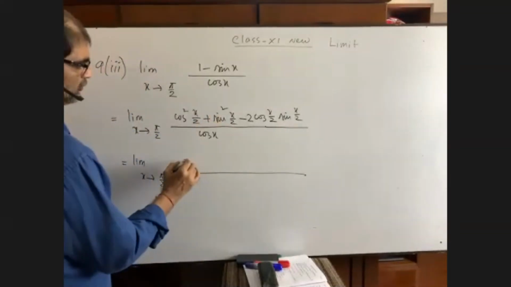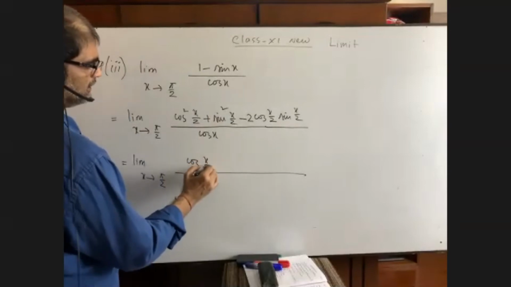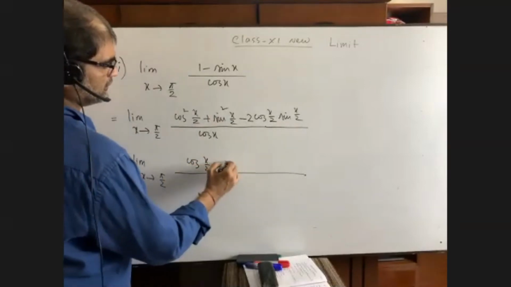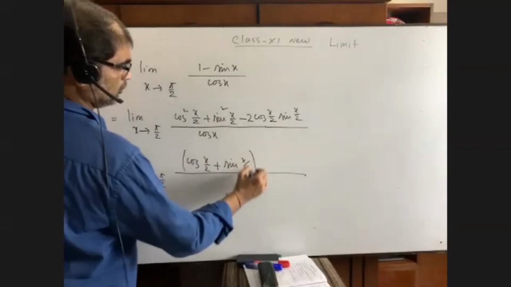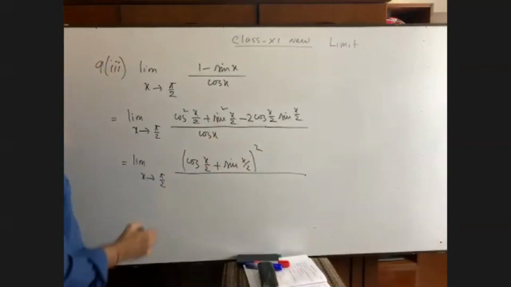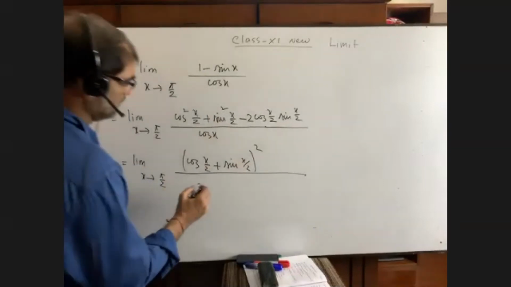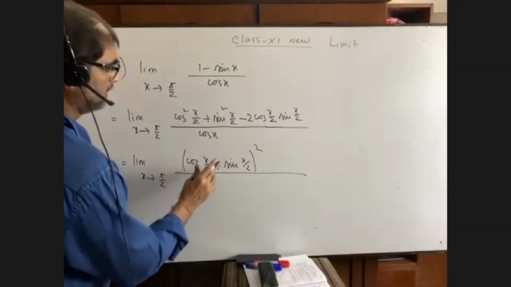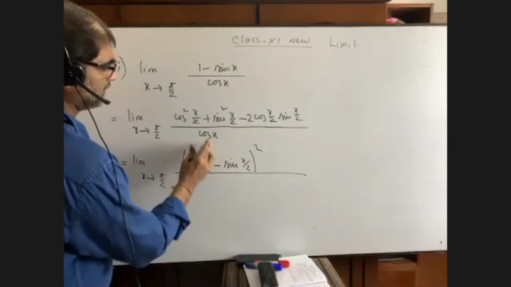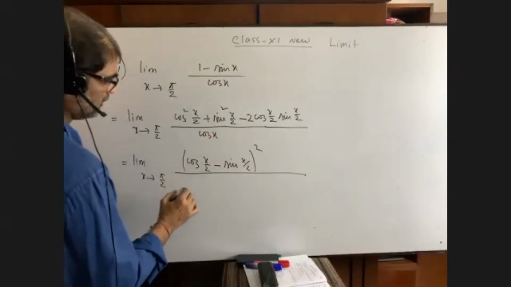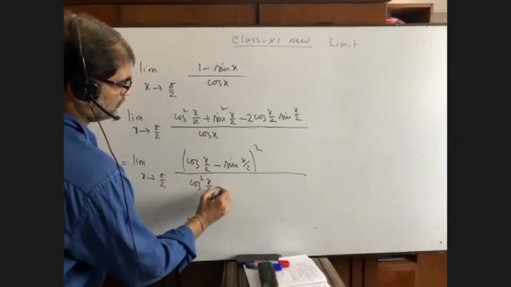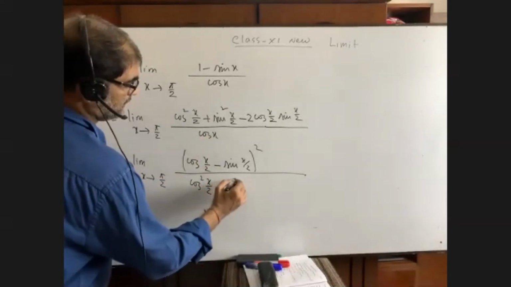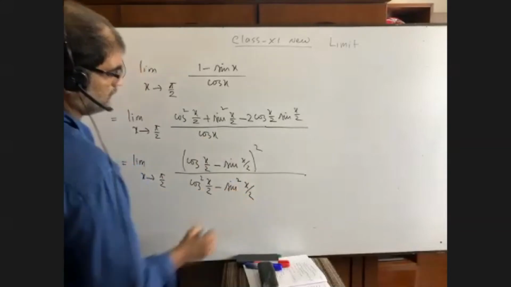Here the formula is cosine x by 2 plus sine x by 2 whole square, and here it is cos x. What is the formula of cos theta? Can you please let me know? Cos theta equals to cos square theta by 2 minus sin square theta by 2.